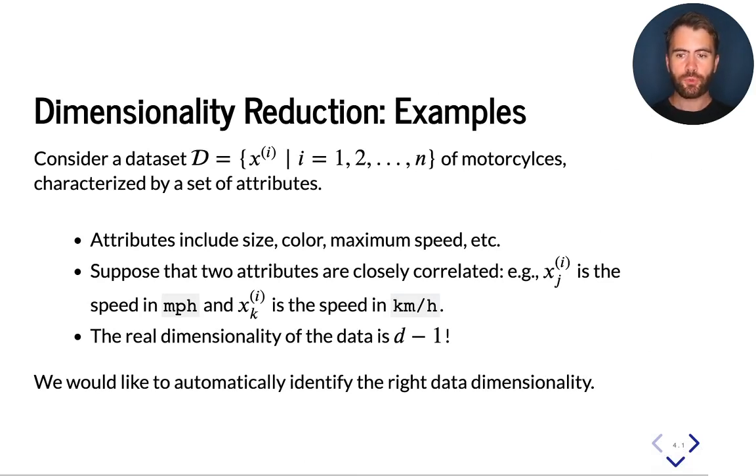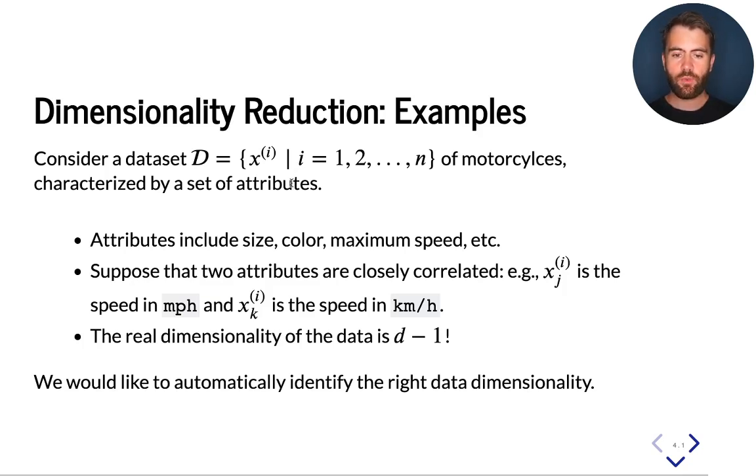And in order to introduce this problem, let me start with an example. Imagine that we're working with an unsupervised learning data set that has this particular form, and it's a data set of motorcycles. Each input corresponds to a motorcycle, and we have a vector of attributes such as the motorcycle size, its color, its maximum speed, and other attributes of this form.